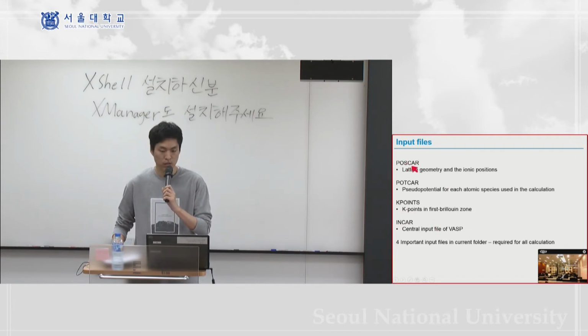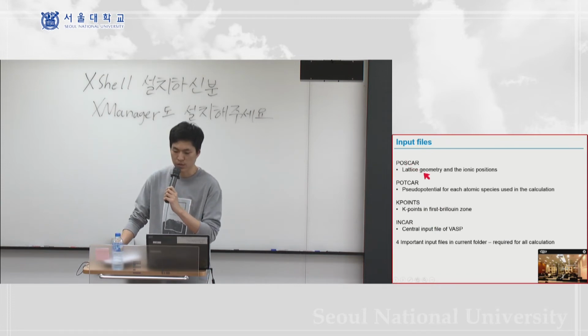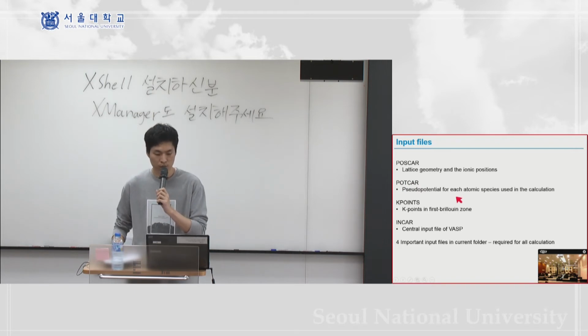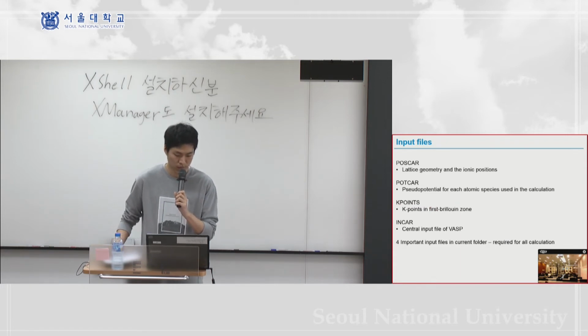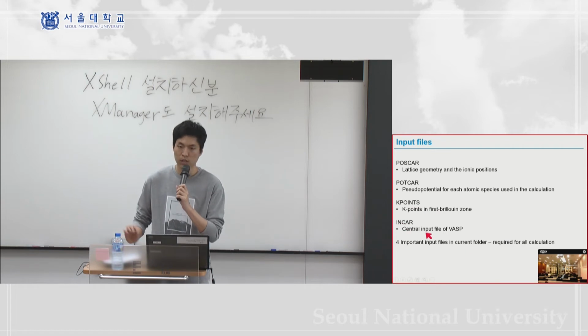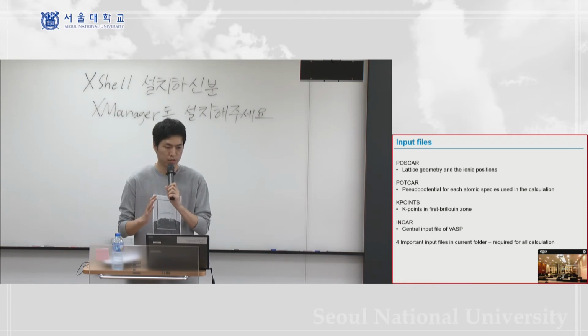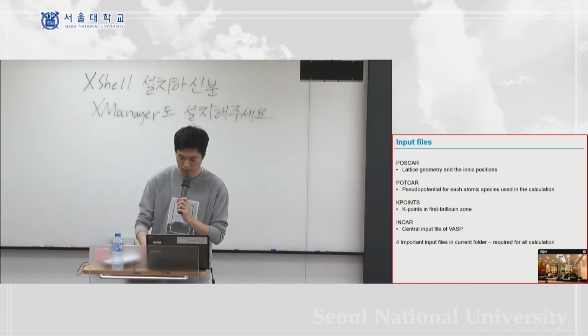So the POSCAR file includes lattice geometry information and positions of ions, and the POTCAR file includes pseudopotential for each atomic species, and KPOINTS specifies which k-points we will be using in the calculation, and the INCAR file includes several parameters. So whether we are doing MD or relaxation or something like that. So we need these 4 files in the same directory.